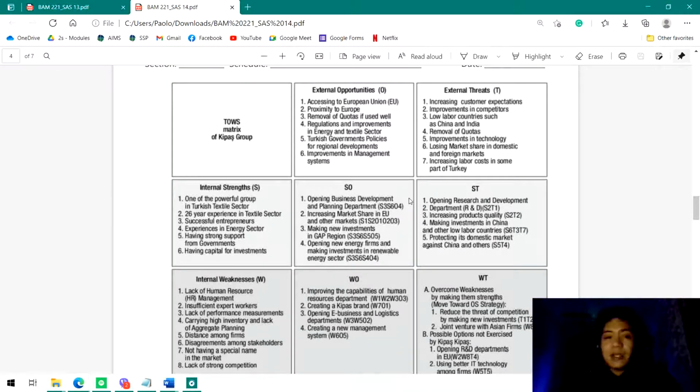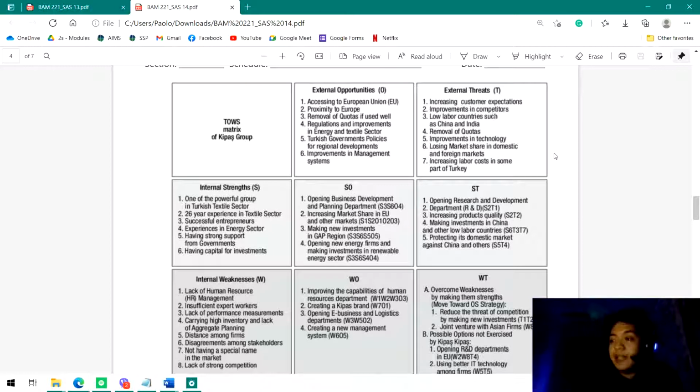Pero since tayo ay magagaling na sa textile industry, since we have 26 years of experience nakalagay sa S2, kaya natin ngayon mag-open ng Research and Development Department or the R&D Department in order for us to have a product development. Kasi nga, meron tayong threat na increasing customer expectation, T1.